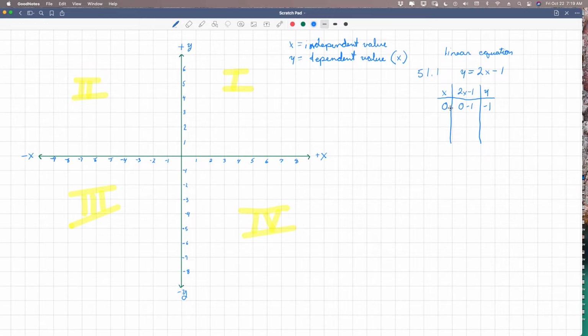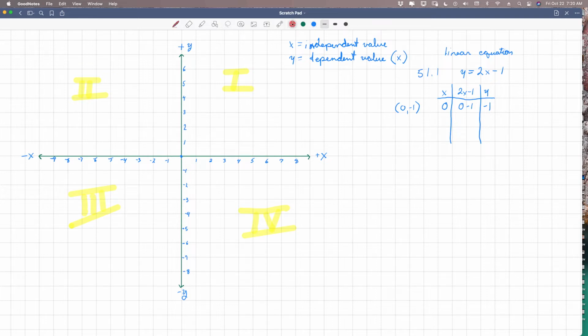And so what we would do is turn that into an ordered pair. Our ordered pair would look like 0, -1, because this is our x value and this is our y value. So we would look on the x-axis, here's 0. The very center where the two cross, that's 0, 0.